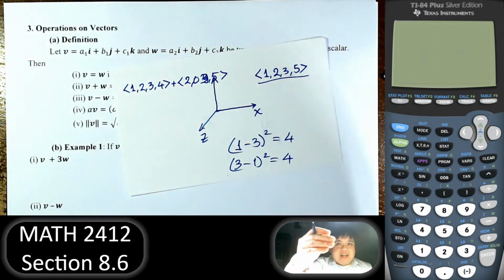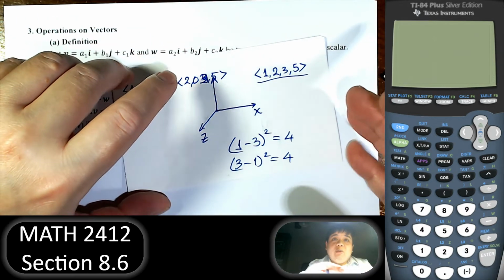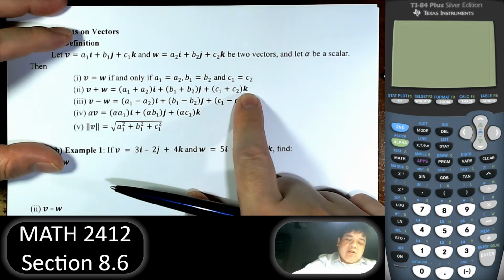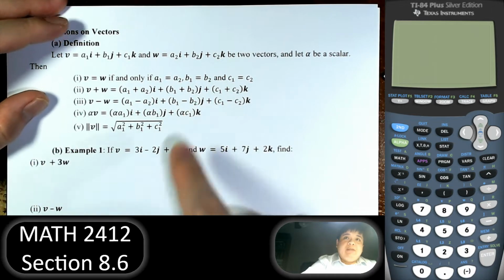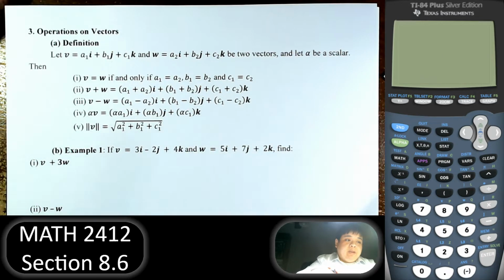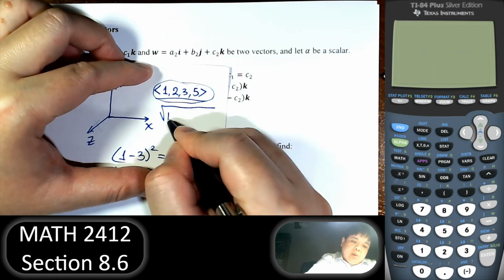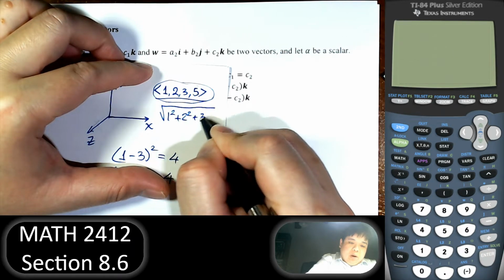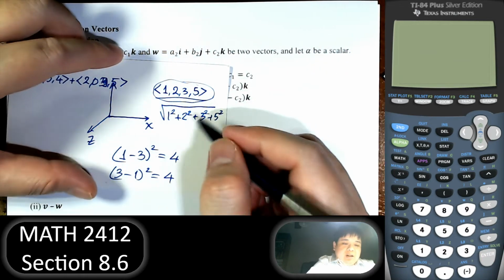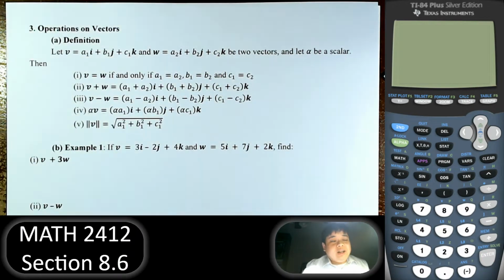Of course, we can extend this to any higher dimensional space for vectors, and the math is still the same. We just add components to it. So add the third dimension to it, we have all the operations in three-dimensional space. Of course, same thing. The magnitude of this vector is equal to 1 squared plus 2 squared plus 3 squared plus 5 squared, all under a square root. So this is a four-dimension. The Pythagorean theorem also works. Even though we cannot visualize, the math still works.